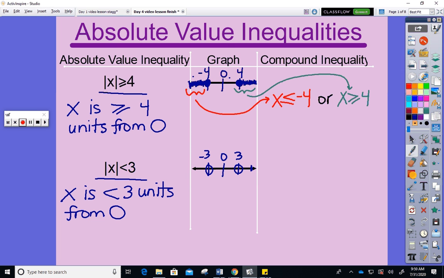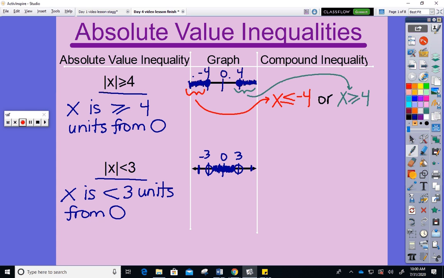Now, between -3 and 3, I might pick -1. Is -1 less than 3 units from 0? Yes, it is, because 1 unit from 0 is less than 3 units from 0. So shade that whole section. Then pick your third division, to the left of -3, I'll pick -7. -7 is 7 units from 0.